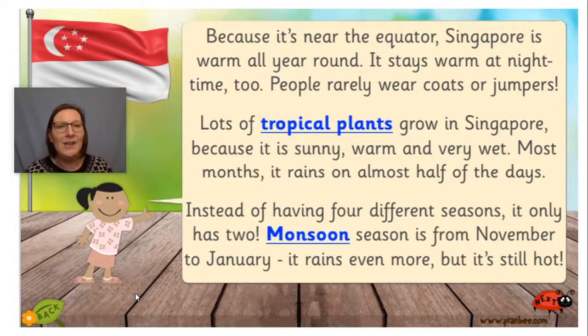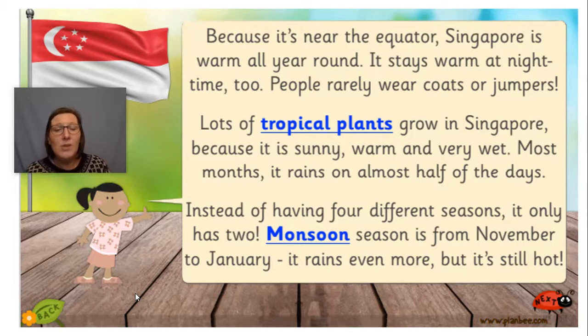And in Singapore, instead of having 4 seasons like how we have winter, spring, summer, and autumn, they only have 2. They have the dry season and the wet season. And that's called the monsoon season. And a monsoon is a real heavy rain.